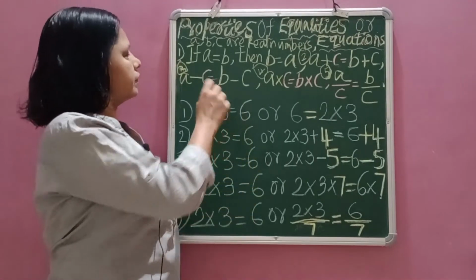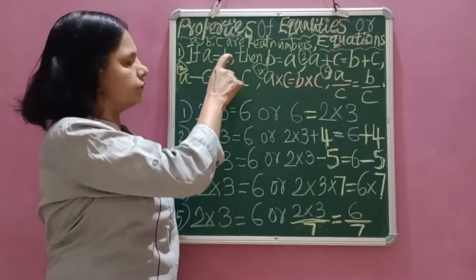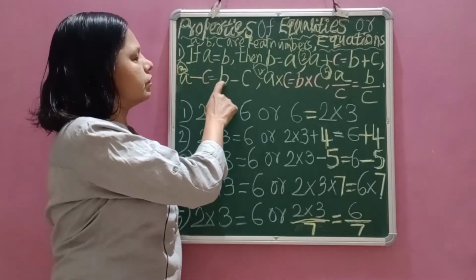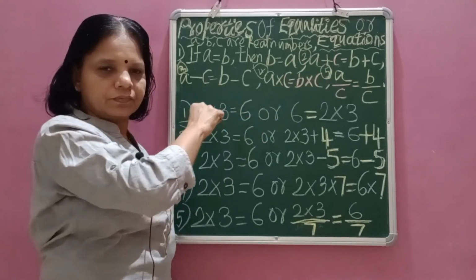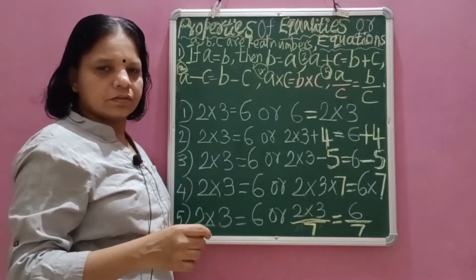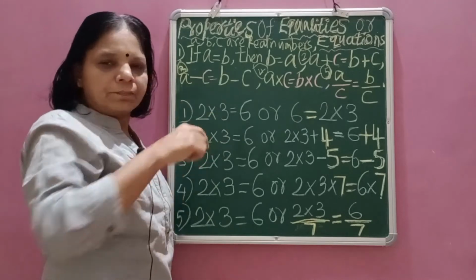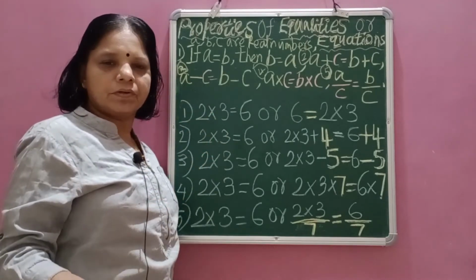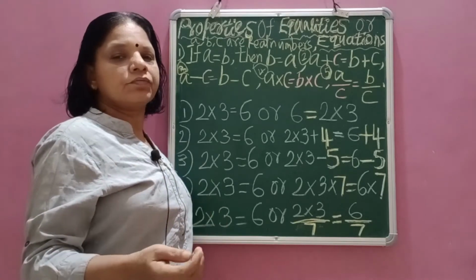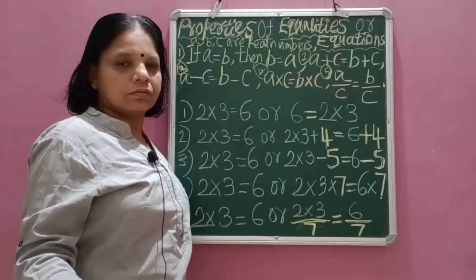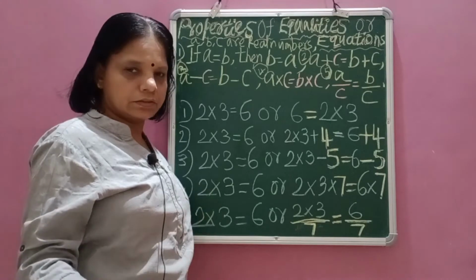Next one, if A equal to B, then A minus C equal to B minus C. Similar to addition, subtraction. We can subtract the same number or expression from both the sides of the equation, that is from LHS and RHS.